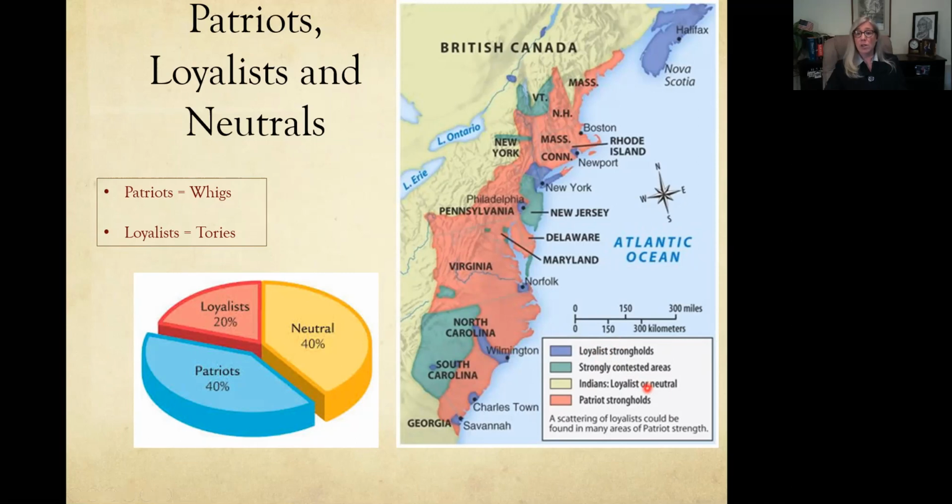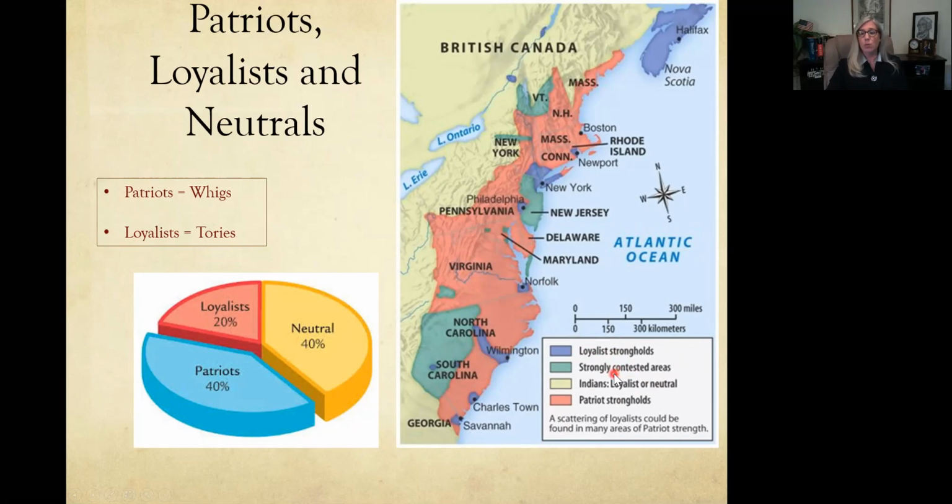Probably because they're merchants. So if you've got boycotts on exports and imports, who's being hurt the most? The merchants who are doing the importing and the exporting who live in the port towns. These are the major ports in the American colonies at the time. So that's where you would have found most of the loyalists going into the American Revolution.